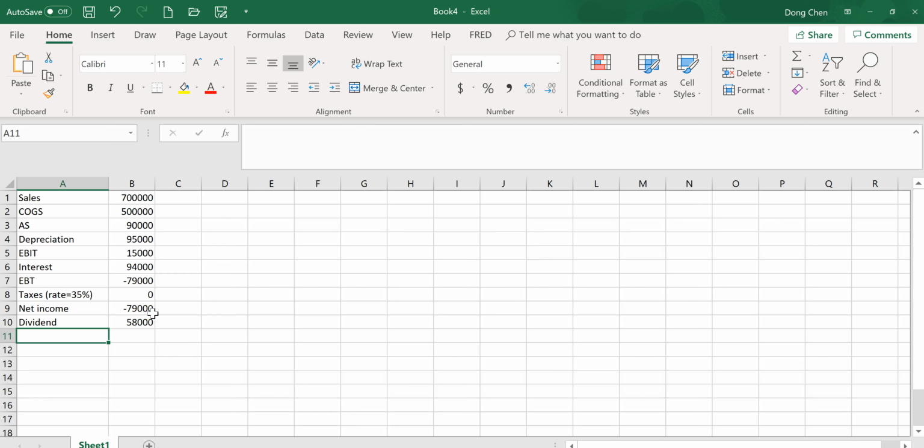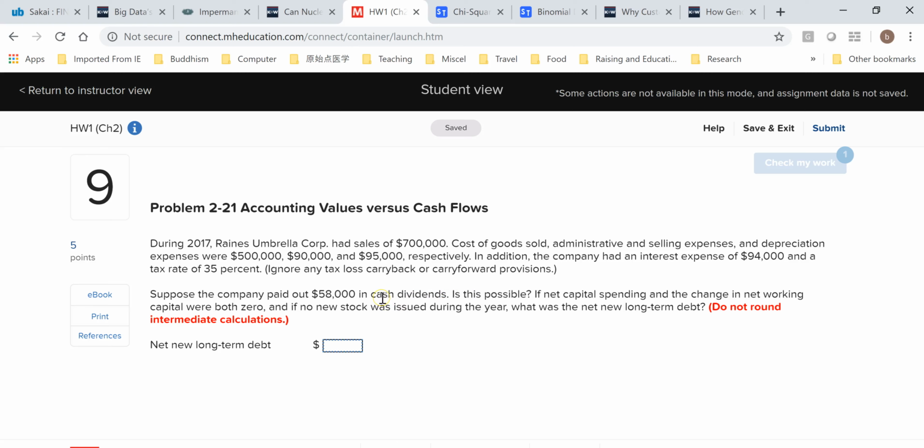Hence, it will still be able to pay this positive dividend, even though the net income is a negative amount for this specific year. Here we don't have to answer that part because the only blank is net new long-term debt. But if we do, the answer to this part of the question is yes, this is possible.